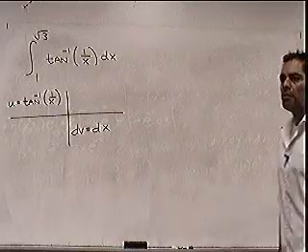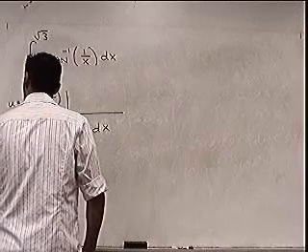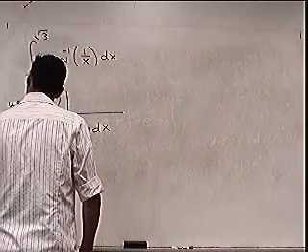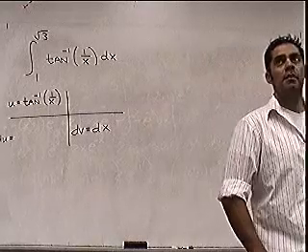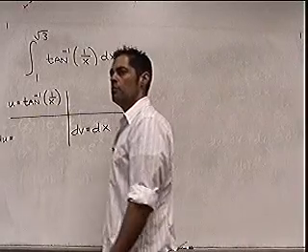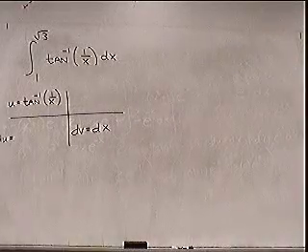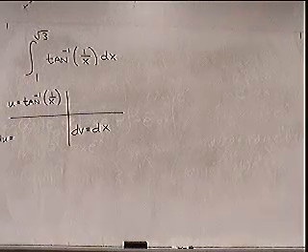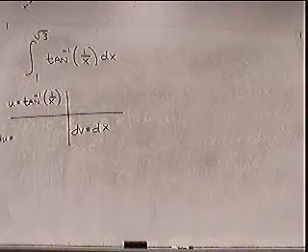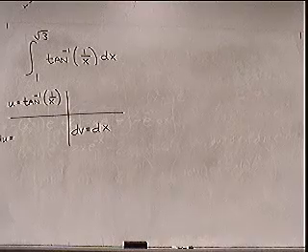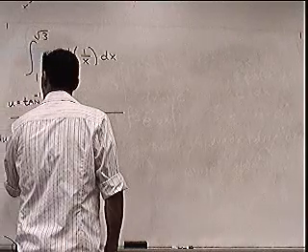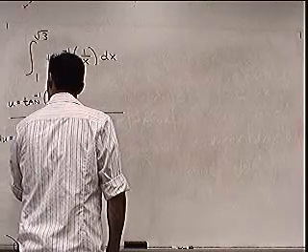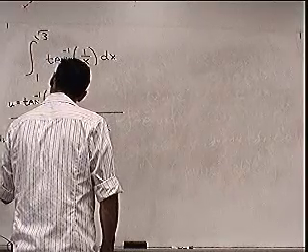Now you need to know what the derivative of arctangent of something is. For du, maybe you need your formula sheet. What's the derivative of arctangent of u? That's 1 over 1 plus u squared, right?